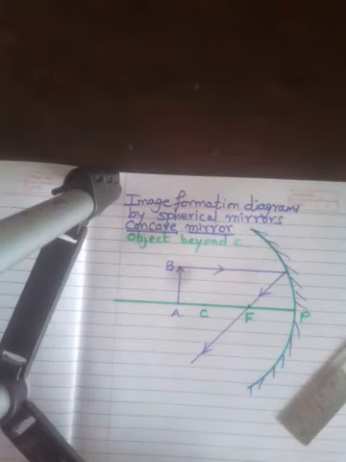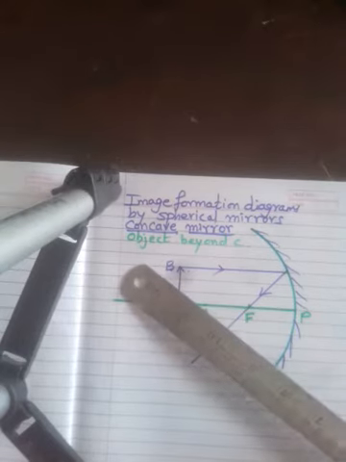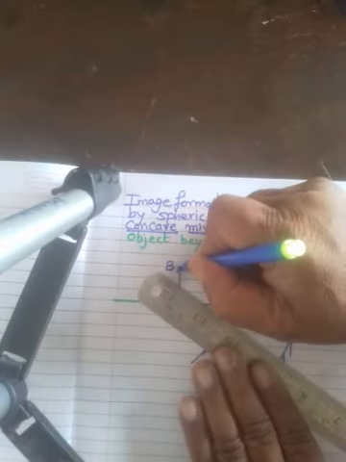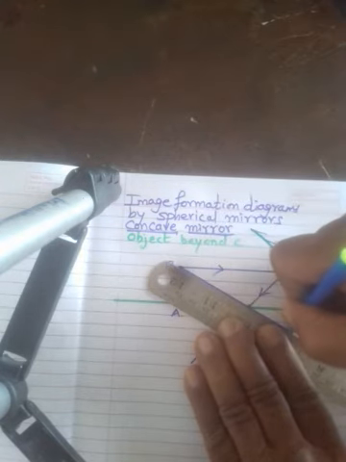Now for another ray, you can draw from B itself. This ray of light from B, you make it pass through the focus, like this.